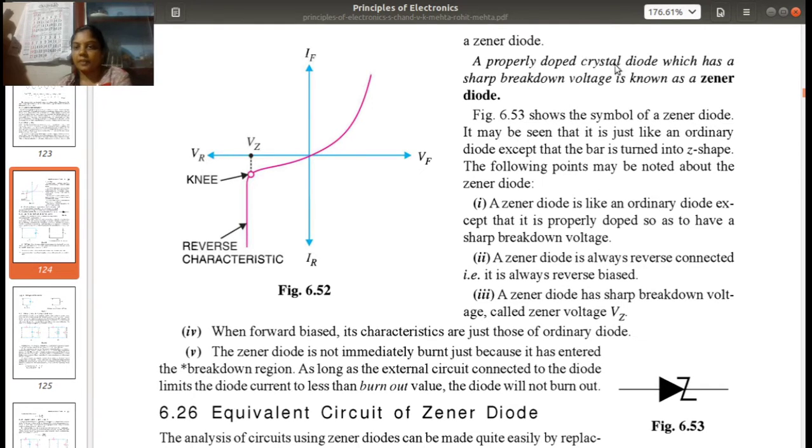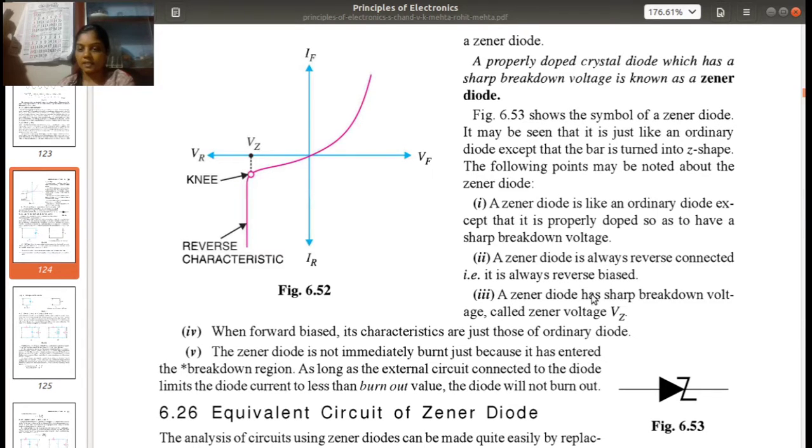A properly doped crystal diode which has a sharp breakdown voltage is known as a Zener diode, which we have already discussed. A Zener diode is like an ordinary diode, except that it is properly doped so as to have a sharp breakdown voltage. A Zener diode is always reverse connected, that is, always reverse biased.